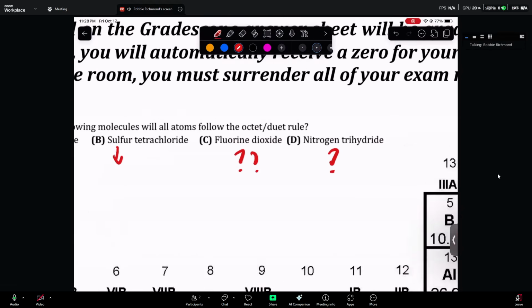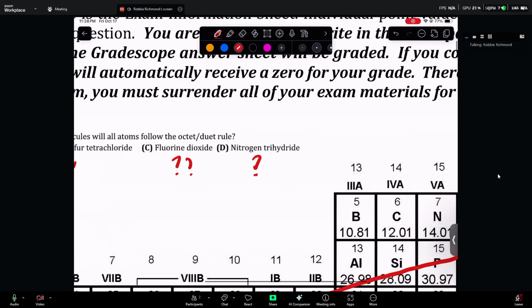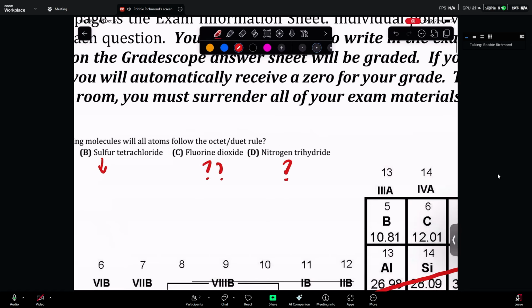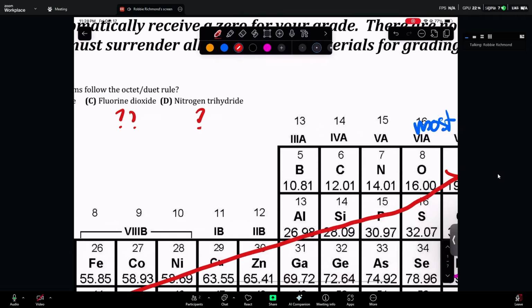So let's just draw the Lewis structures of C and D and make sure that they all follow the octet/duet rule. So first, nitrogen trihydride. We have nitrogen in the middle, and we have 3 hydrogens. 1, 2, and 3. Now, let's just calculate how many valence electrons we're looking at.